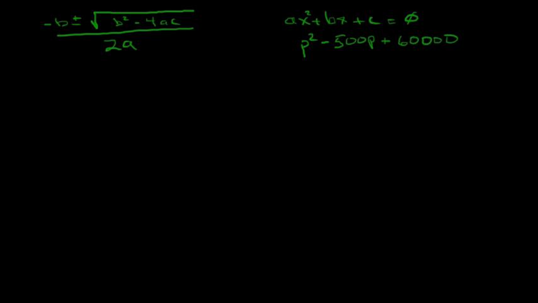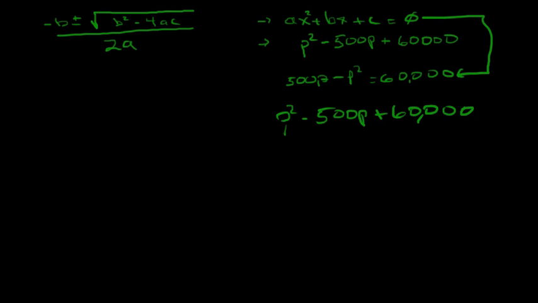Okay, so you have to know the quadratic formula, which is negative b plus or minus the square root of b squared minus 4ac all over 2a, and you have to know the quadratic equation, ax squared plus bx plus c equals 0, and you had to have been able to convert our given information, which was the 500p minus p squared equals 60,000, and you had to go through that process of converting that into that format right there.